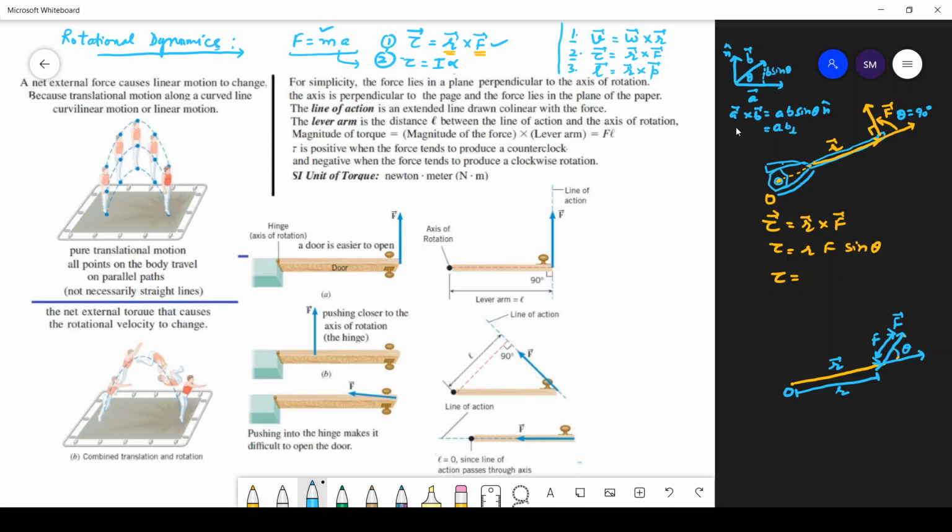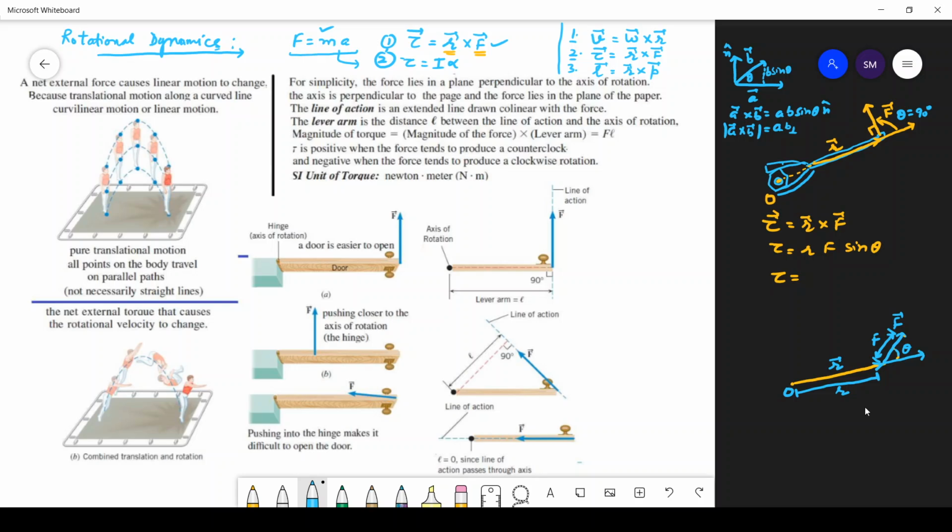This is very important, students. So what is the magnitude of A cross B? The magnitude of A cross B is the length of vector A into the perpendicular component of vector B. So B perpendicular, this length.